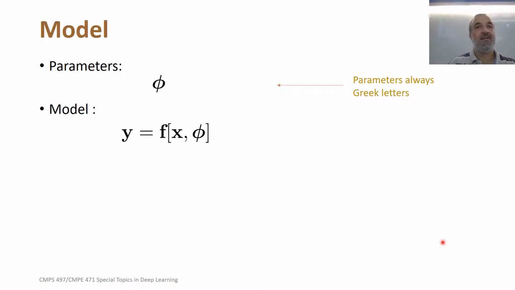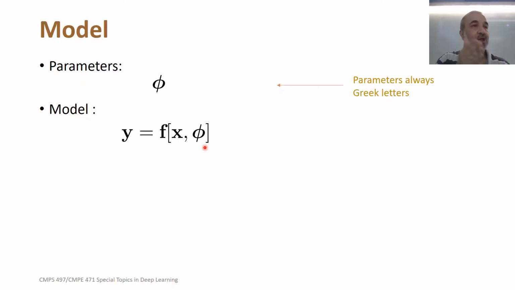Now the model, we said that the model has parameters, right? We usually use the Greek letters for the parameters. Here we use phi, later we use theta and psi and so on. And the model in reality is a function of both the input and the parameters. So usually we have f of x and phi, and in short, we just use f of phi. We just ignore x.